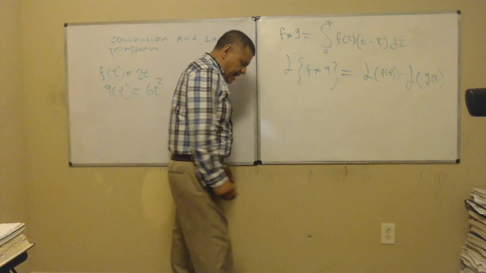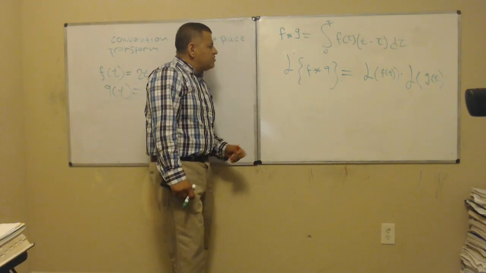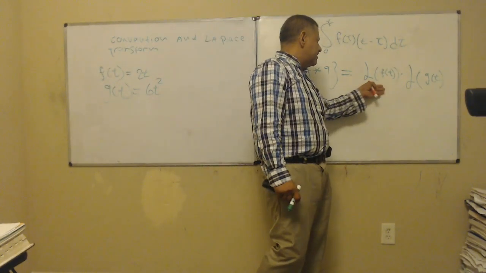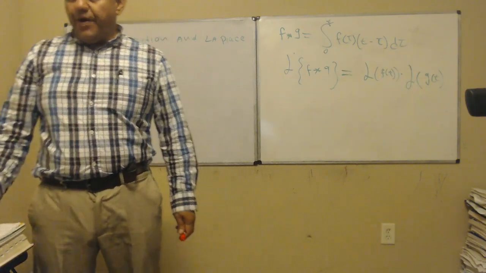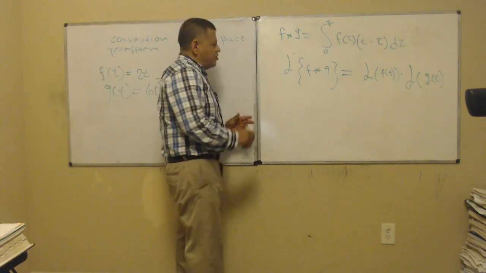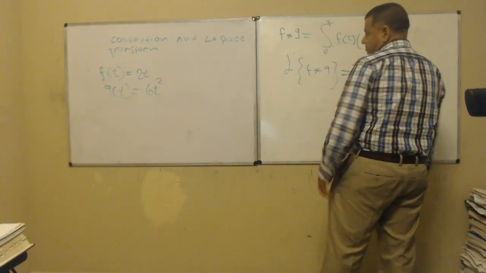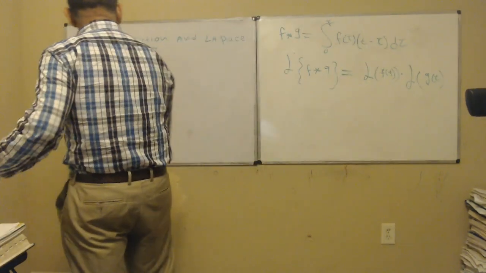So we can prove that eventually, but we're not going to do the long way with the integrals and stuff like that on the Laplace transform. But we will actually do it using the other properties that we have for the Laplace transform. Okay, so let's get started.